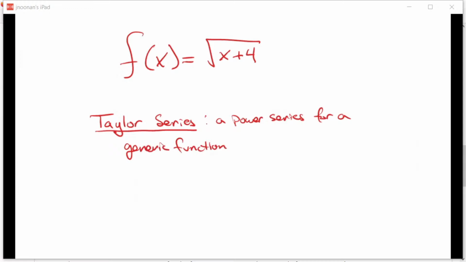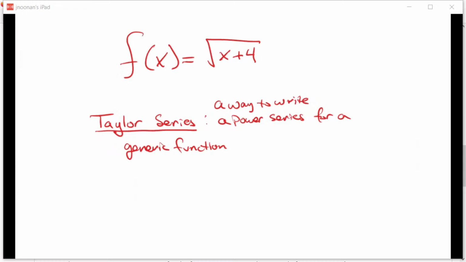Sorry, I should have changed this. A way to write a power series. There we go. That makes me feel better. So think of Taylor series as just being a method, a way of coming up with a power series for any function. And when I say any function, I mean, okay, almost any function.